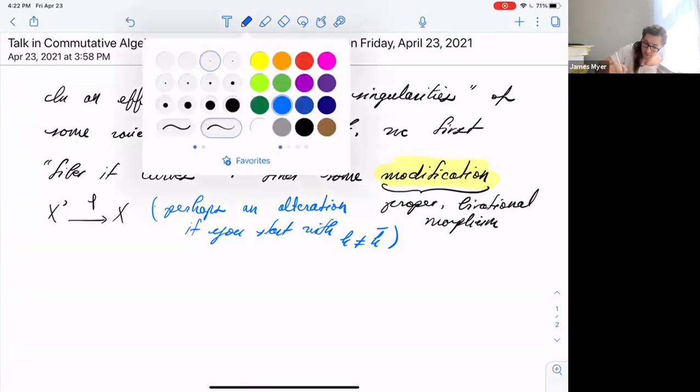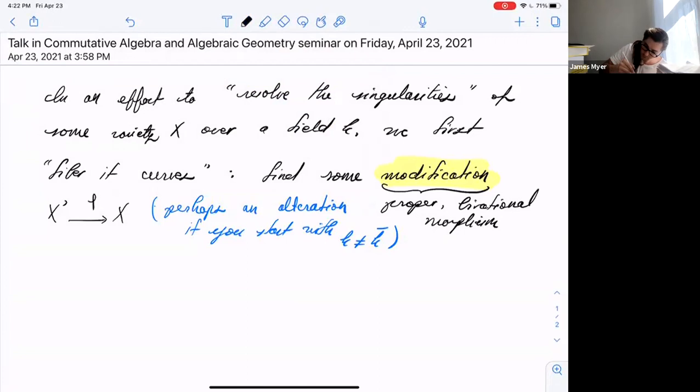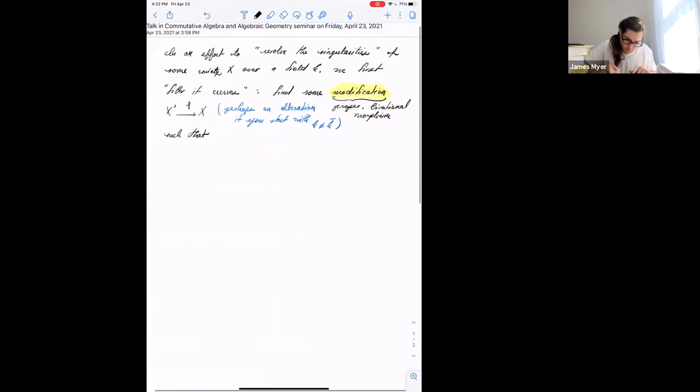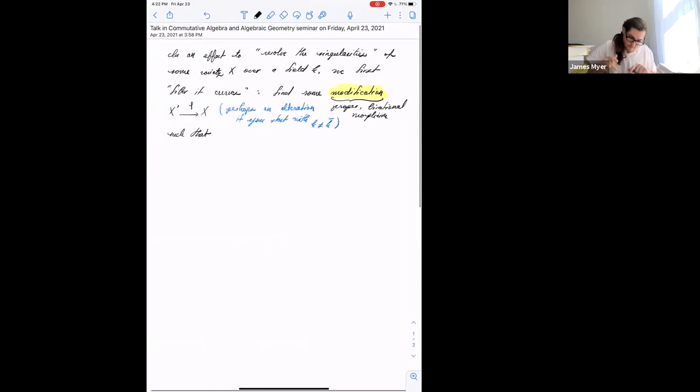So we find some modification with certain properties, such that there is a morphism F which goes from X prime down to a projective space of dimension 1 less than X. D is the dimension of X.